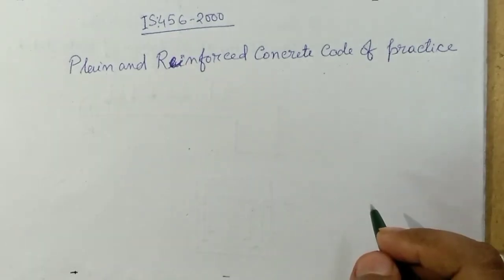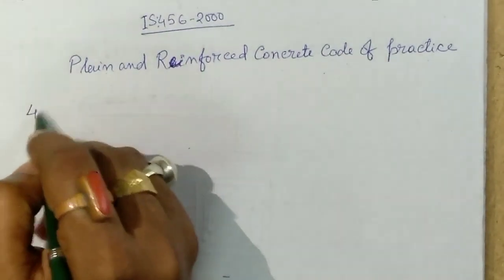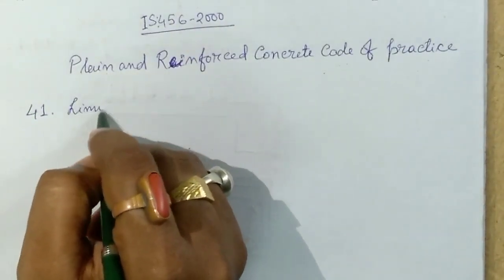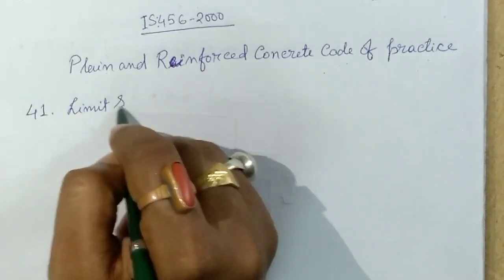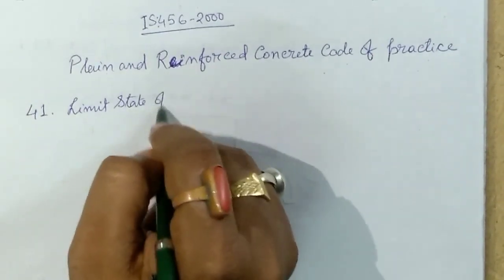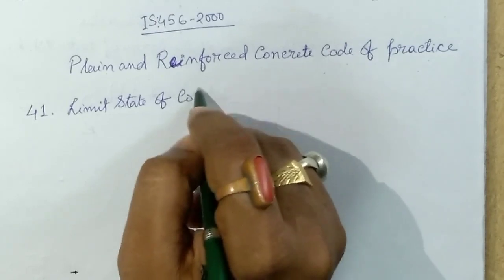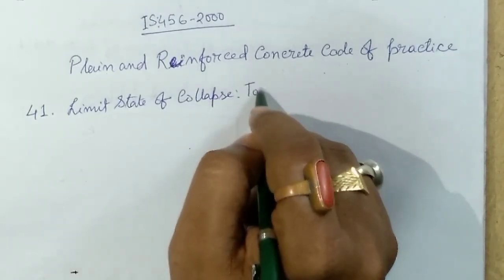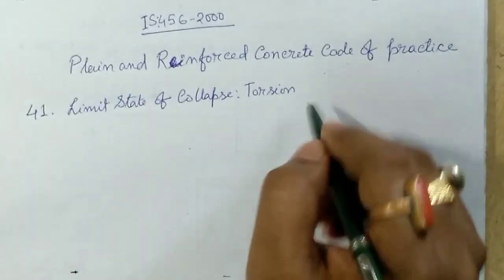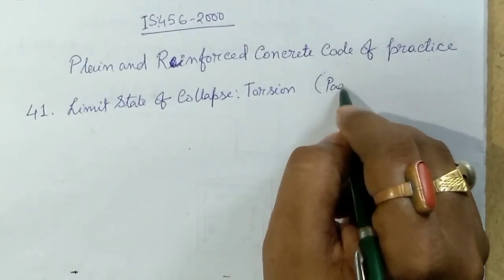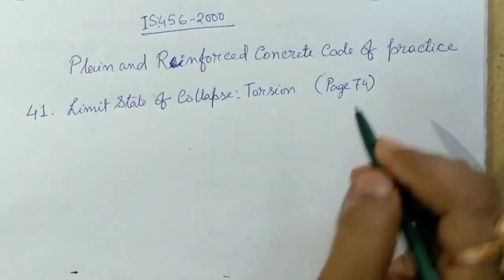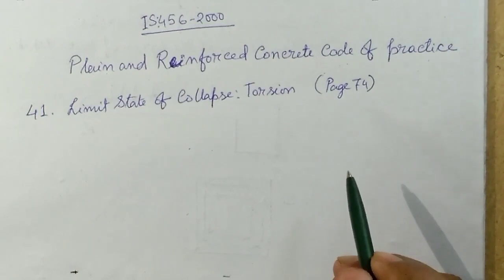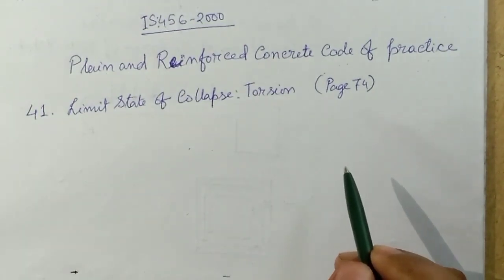In this code, in clause 41, it has given limit state of collapse: torsion. It is given on page 74. As per this clause, we have to design the beam.